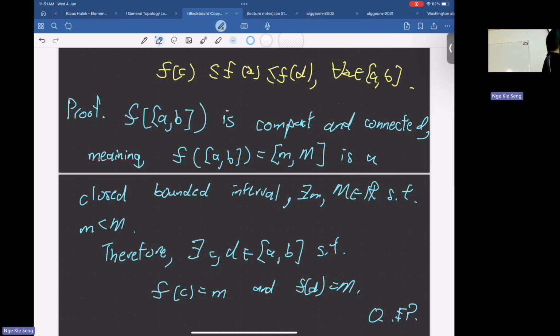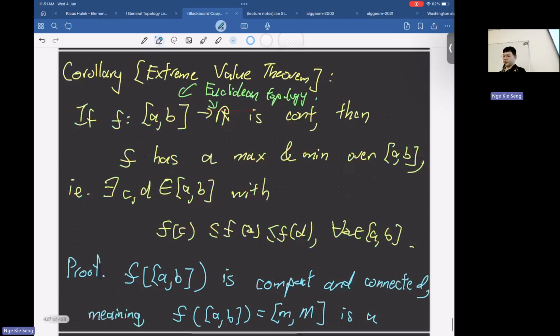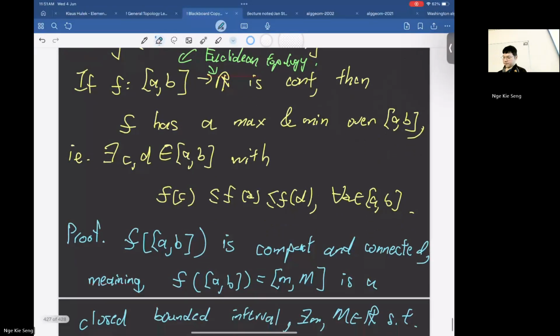Why can m not be what? Oh, this one. Can m and M be equal or not? Let me think. Can it be equal? It's a constant function, right?